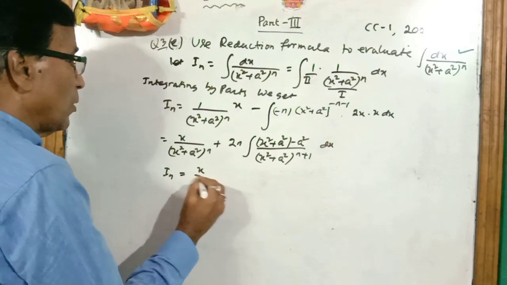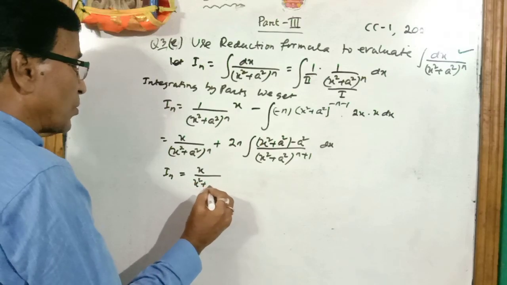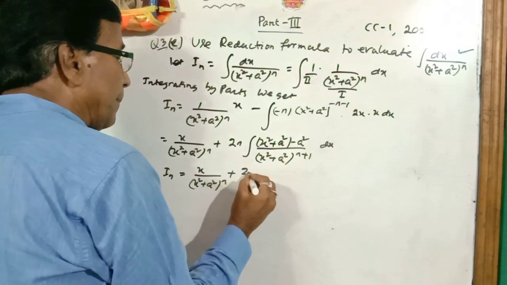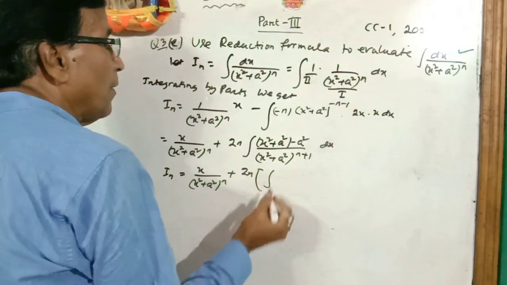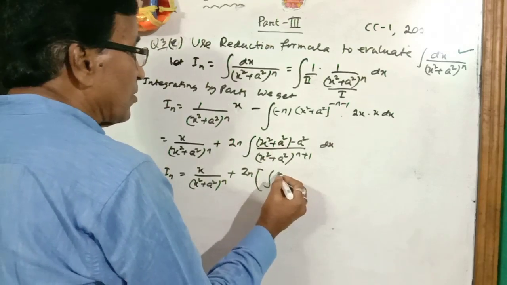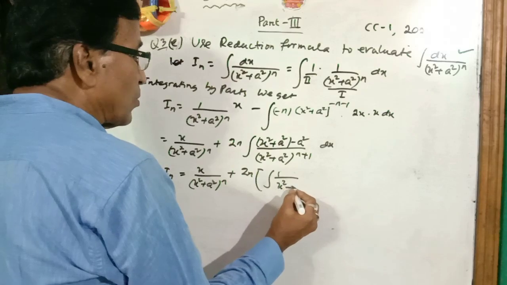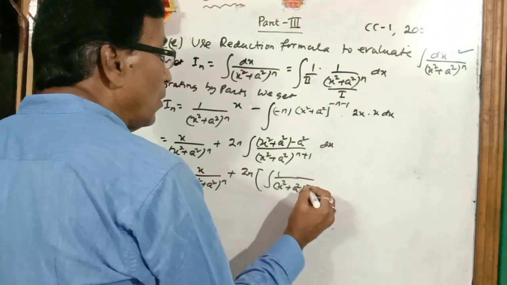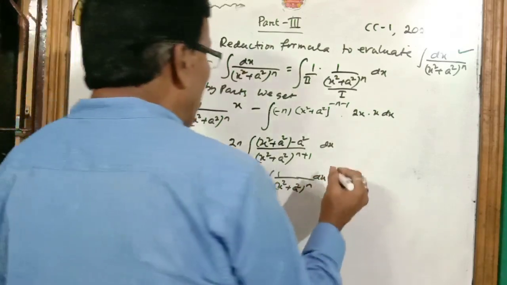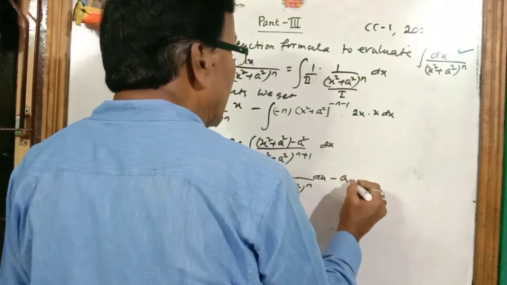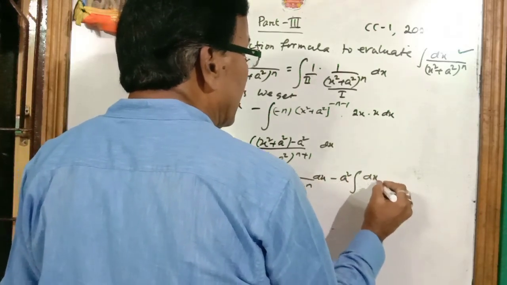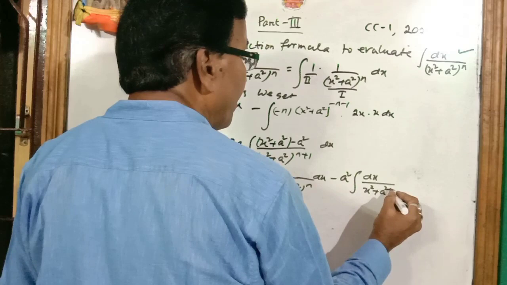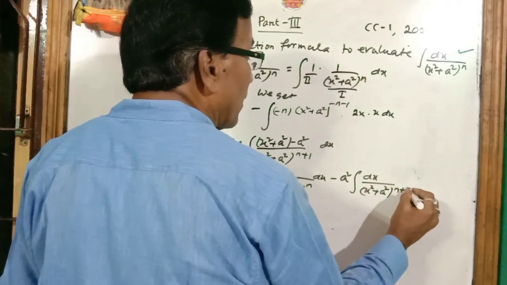So I subscript n is equal to x by (x square plus a square) whole to the power n plus 2n times the integration of [(x square plus a square) minus a square] by this, it is equal to 1 by (x square plus a square) whole to the power n, with respect to x, minus a square integration of dx divided by (x square plus a square) whole to the power n plus 1.